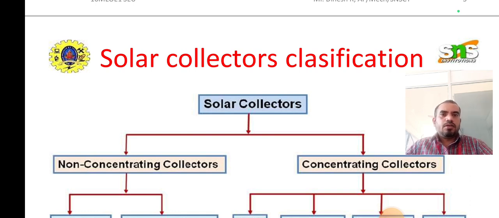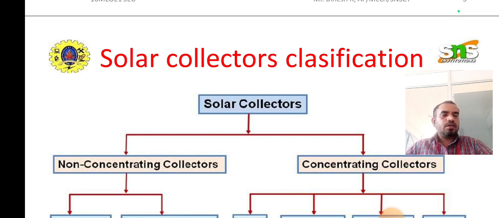Non-concentrating collectors are collectors whose movement is not adjustable, and they are fixed. So when the sun travels from one horizon to the next, the collector will not track the sun. That's what we call a non-concentrating collector.